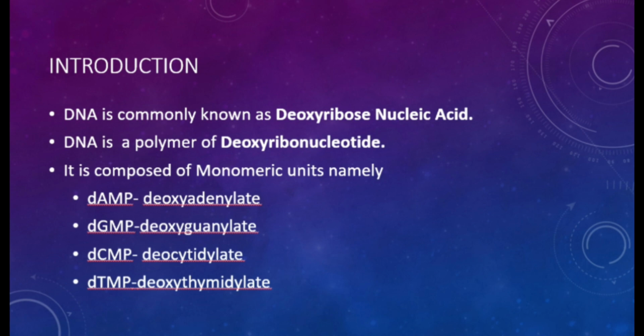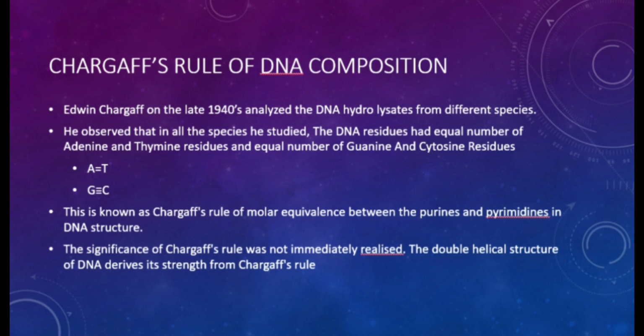So this rule was given by Chargaff's rule of DNA composition. So he observed that all the species that he studied in the late 1940s showed that the residues had equal number of adenine and thymine, similarly equal number of guanine and cytosine.